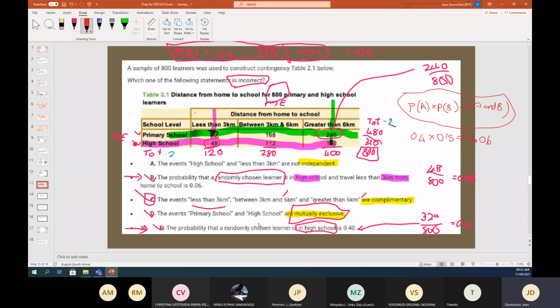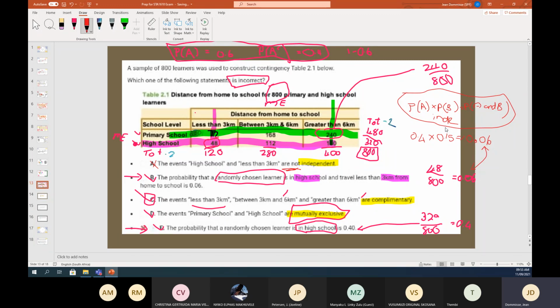And we actually have worked that out here also as 0.06. So we know that it is independent. And here they say it is not, so that is why A is wrong. It is actually independent, and that is why we have option A as being incorrect.